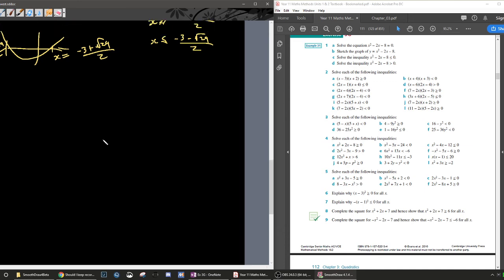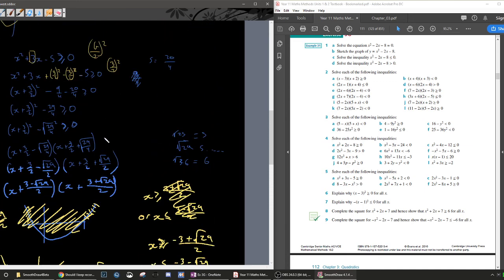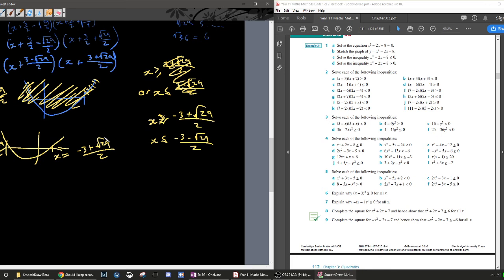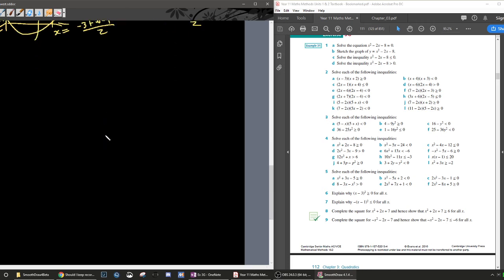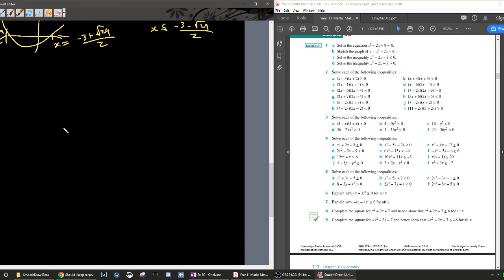Okay, that was question 5A. Same deal for all of those. It's just having to use a more complex method to factorize. Be careful. I'm going to do question 6 and then I'm just going to skip down to question 8, because if you can do question 6, you can do 7. If you can do 8, you can do 9.